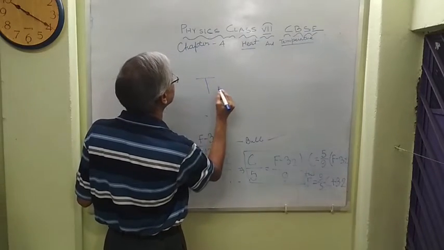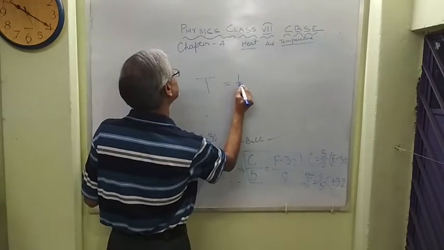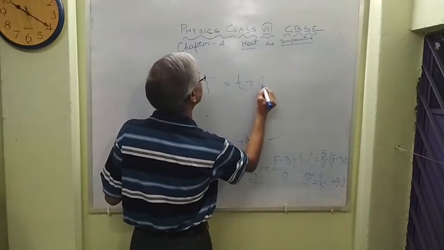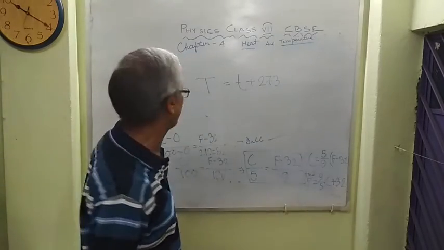Capital T, temperature in Kelvin scale, equal to small t, temperature in Celsius scale, plus 273, more correctly 273.15.